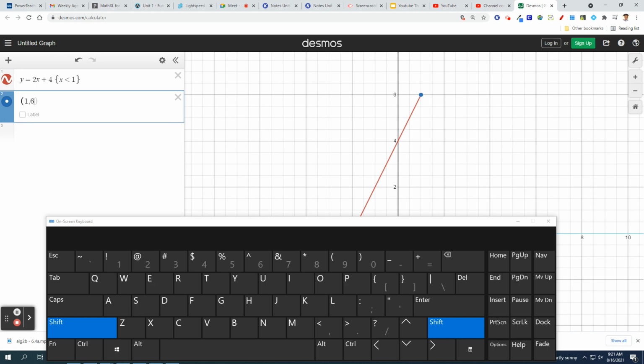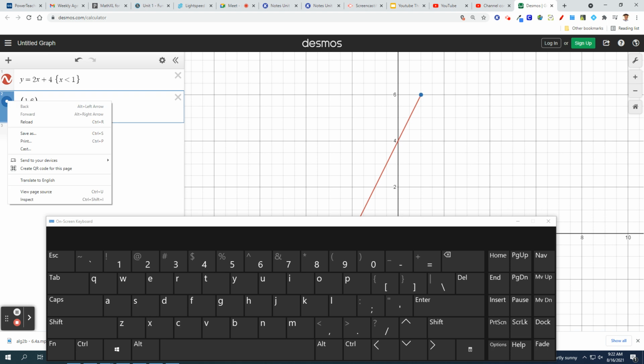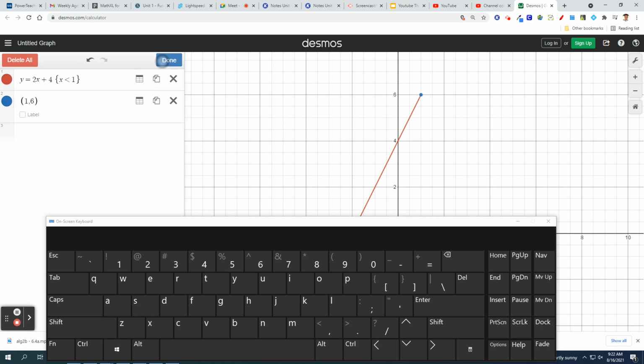Okay, good. Puts a point there. That's good, but I want it to be open. So what you can do, I don't know if I'll be able to do this, but long press on the blue dot over here. Nope, it didn't work. Settings gear. Nope, it didn't work either. Well, how can I do this? Well, there we go.